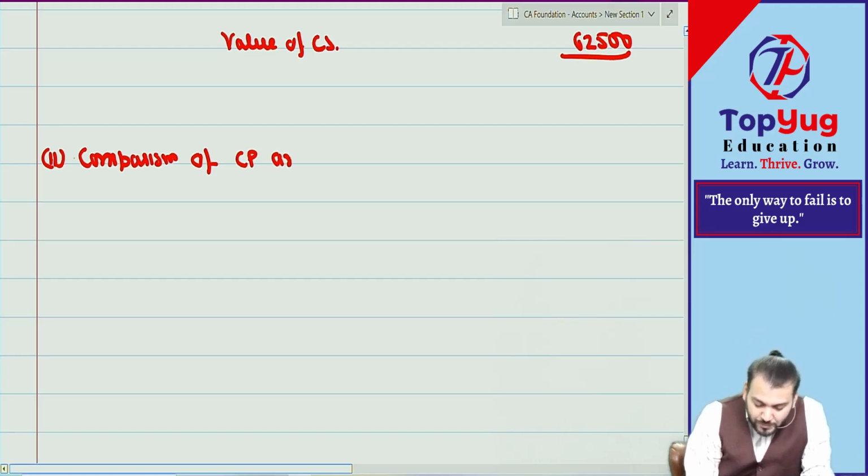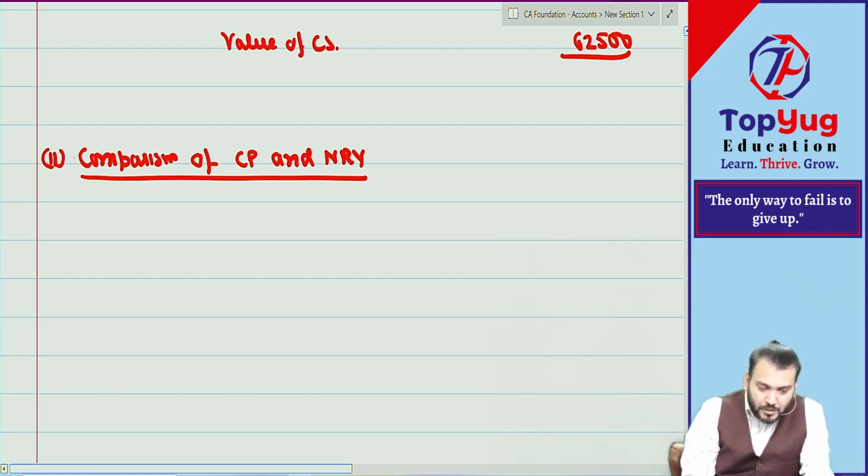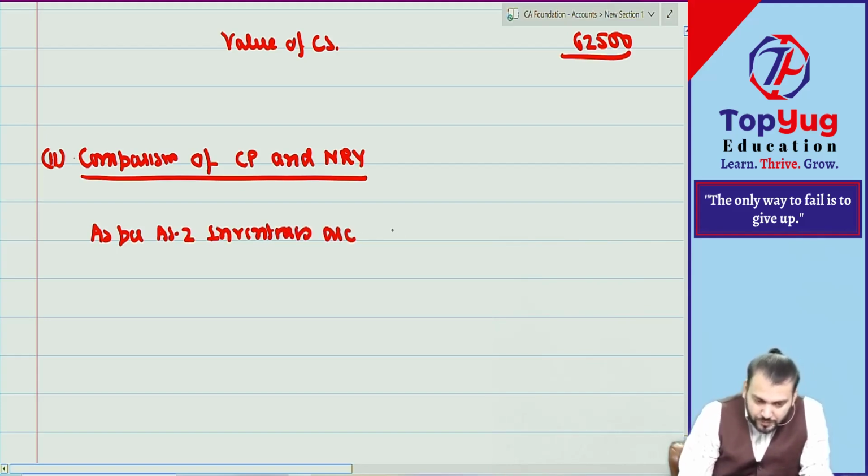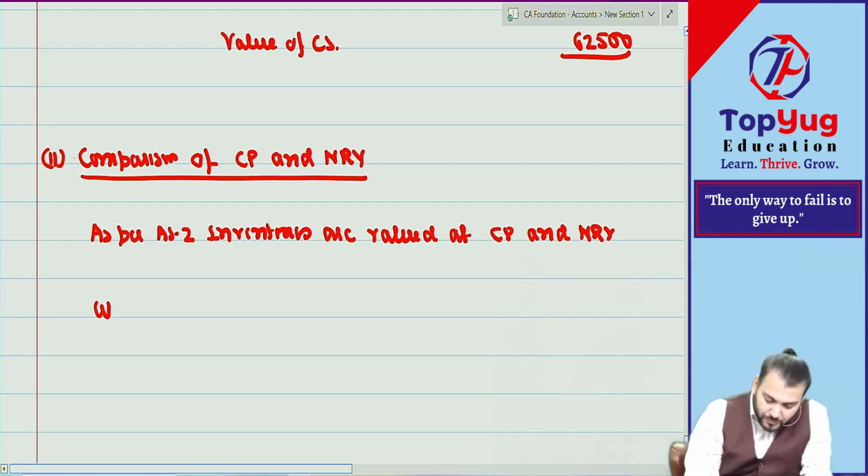So, comparison of cost price and NRV. As per AS 2, inventories are valued at cost price or NRV, whichever is lower.